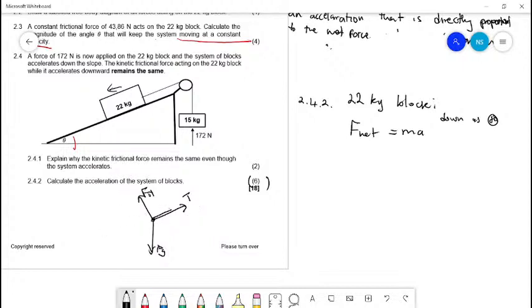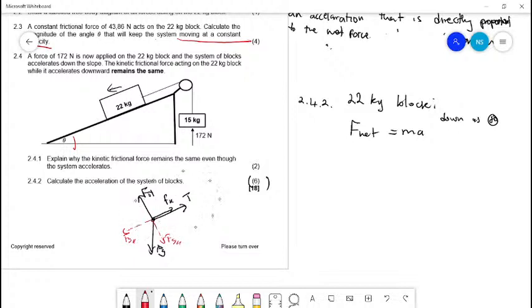Up the slope. It's acting up the slope because friction will always oppose the direction of your motion. So you have 1, 2, 3, 4 forces acting just like that. And not forget our components, our FG parallel, and also our FG perpendicular in that case.